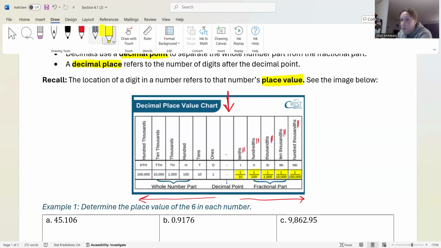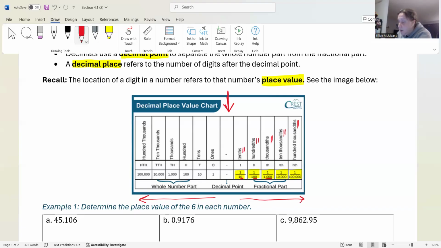There's something really important about the fraction and the place value, and it makes it easy to understand what place value you're in. Notice this. If I'm in the tenths place, I'm one decimal place in, and 10 has one zero. If I'm in the hundredths place, I'm two decimal places in, and 100 has two zeros. If I'm three decimal places in, I'm in the thousandths place, and 1,000 has three zeros.